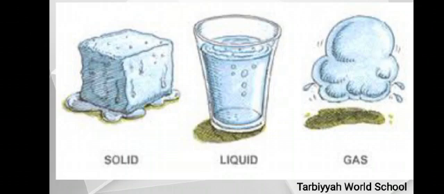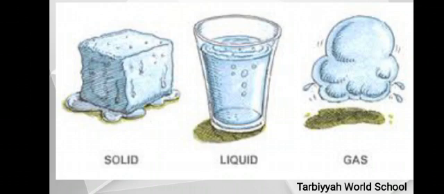There are three forms of water: solid, liquid, and gas. Ice, the first one, is the solid form of water. The second one, water, is the liquid form. And the third one is steam, the gas form of water. It is also called water vapor.